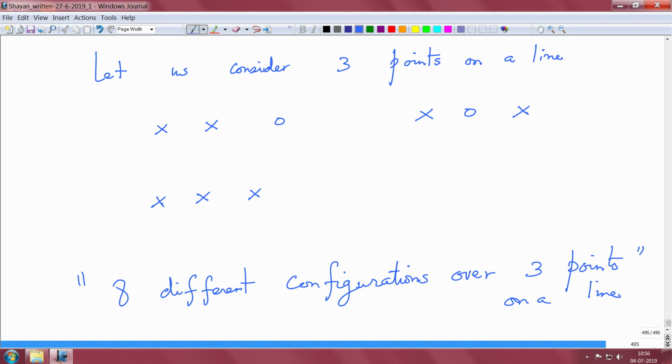Now, if I were to have a line that has to separate, this is no problem, this is also no problem. I can just put it somewhere here, and all of them on the side of the boundary are all crosses, right. Configurations A and B are not an issue, or other possibilities like you can think of something like this. I have a circle here, and a cross, that is also no problem.